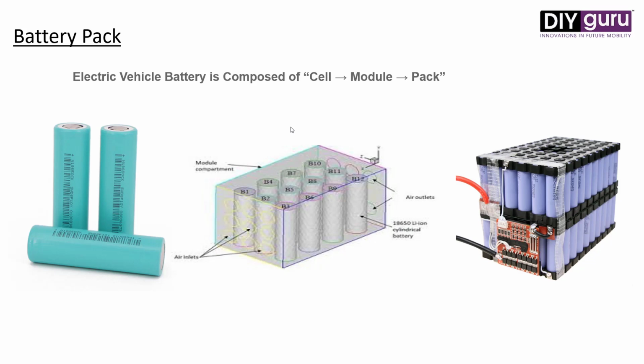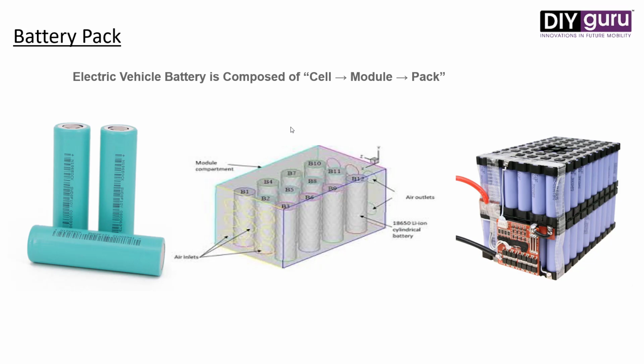So there could be a general question: why do we form a module, and what is the basic use of a module? In the case of batteries, when we have to handle a lot of cells, when the number of cells is very large, we form modules, and those modules are then connected in series with the BMS.